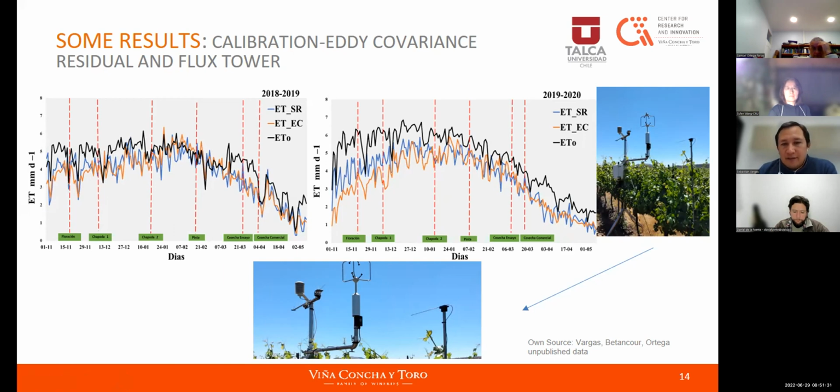We are trying to fix that from the season 2021 on, adding a new thermocouple that is not fixed like this one. This is the thermocouple we originally measured with in 2018 and 2019.